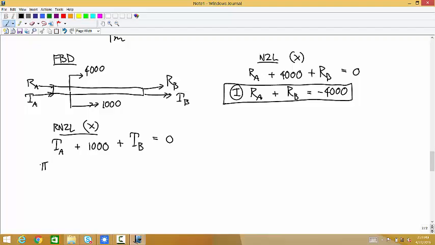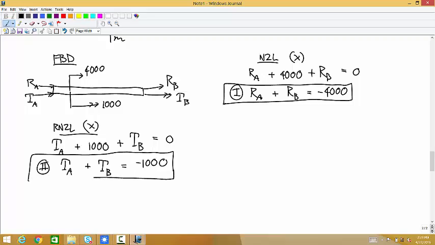So our second useful equation says torque A plus torque B is equal to negative 1,000. So we have two equations for 4 variables. So we're going to need 2 constraint equations.